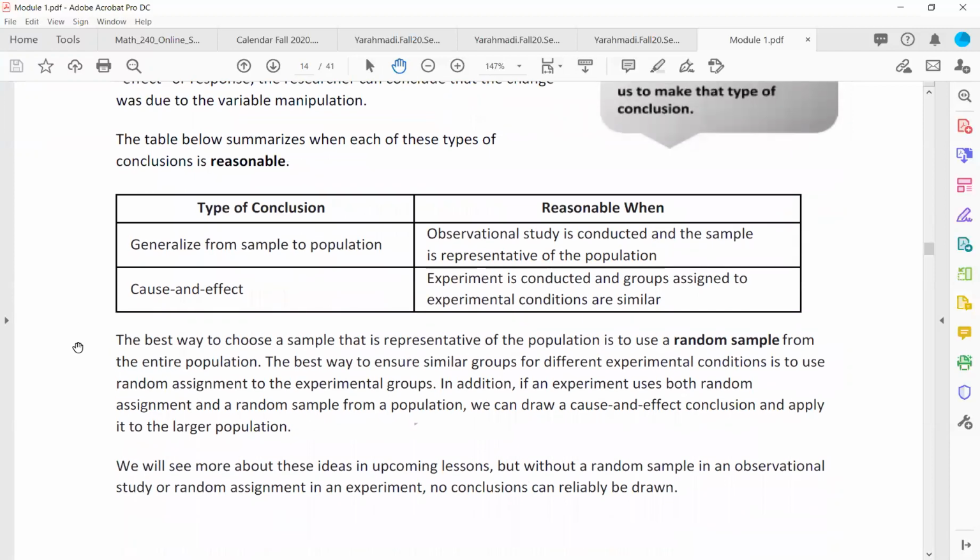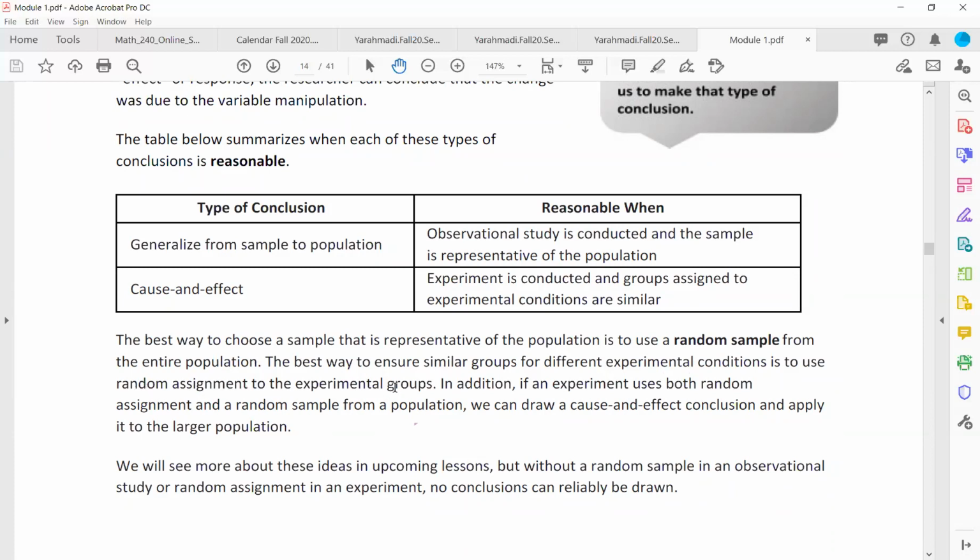Well, the best way to choose a sample that is representative of the population is to use a random sample from the entire population. The best way to ensure similar groups from different experimental conditions is to use random assignment to the experimental groups.